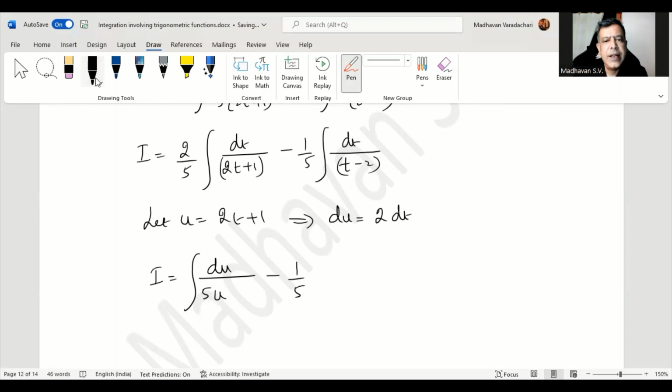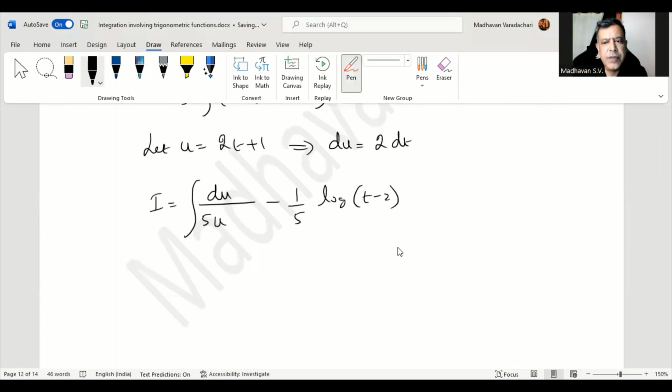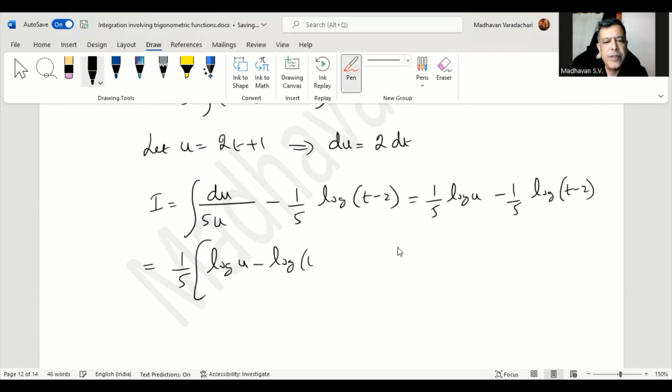If I integrate dt divided by t minus 2, it is nothing but logarithm of t minus 2. So this becomes further 1 by 5 times logarithm of u minus 1 by 5 times logarithm of t minus 2. So here we may notice 1 by 5 is common. So we can rewrite it as 1 by 5 times log u minus logarithm of t minus 2, which is like log a minus log b, which is nothing but log of a by b.